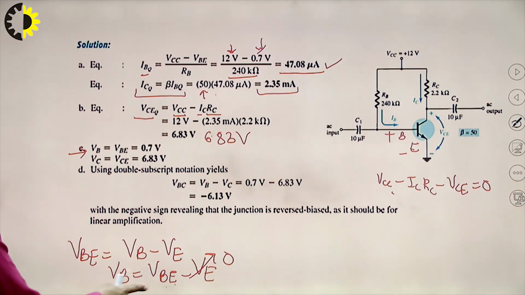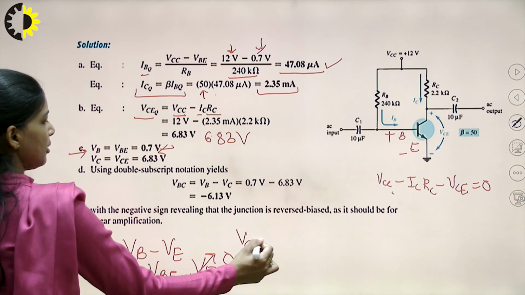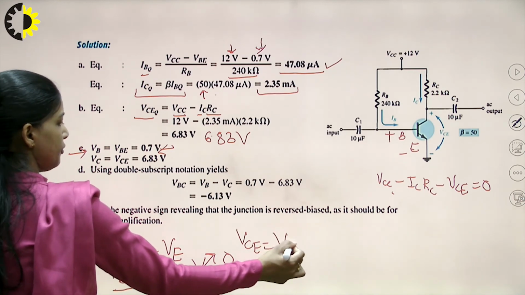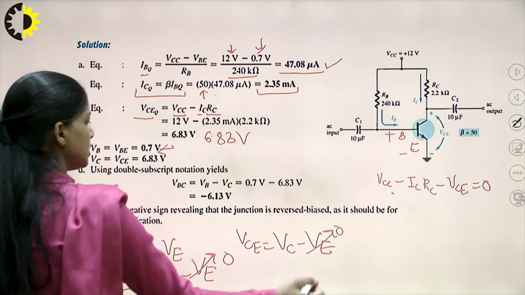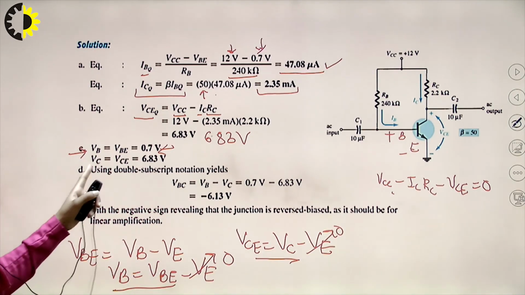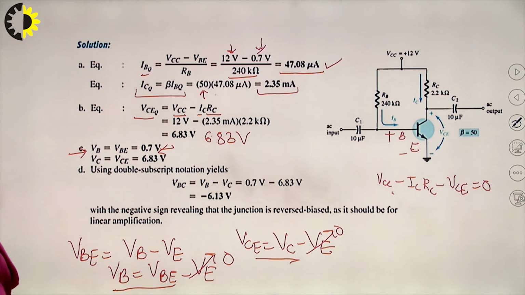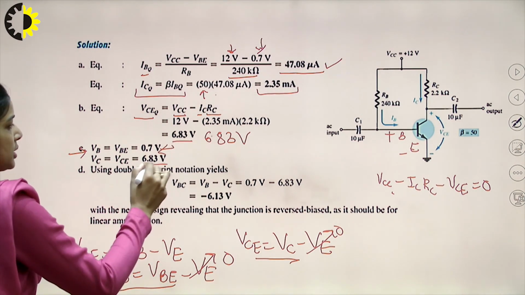So VB will be equal to VBE, that is 0.7. Similarly, VCE we can write as VC minus VE. Here also VE is 0, so VCE is equal to VC, that we have calculated as 6.83.